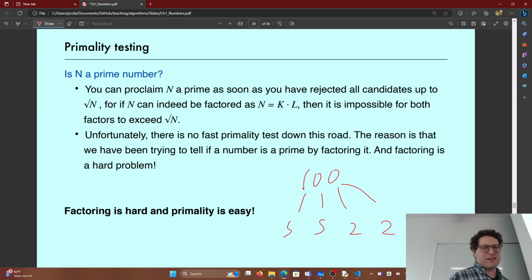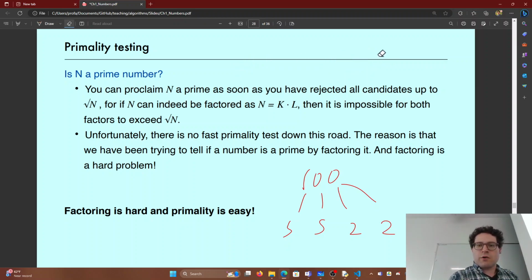We can't really tell if a number is prime other than by trying to factor it, basically going up through all the numbers below the square root of n. Why square root of n? Because the square root of n times the square root of n is the number you're looking for.